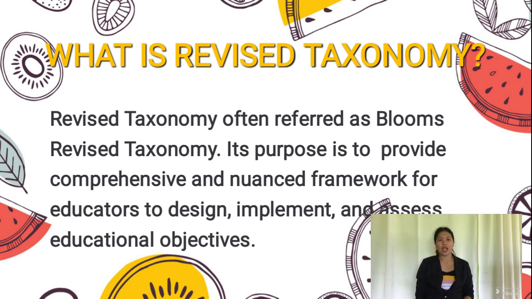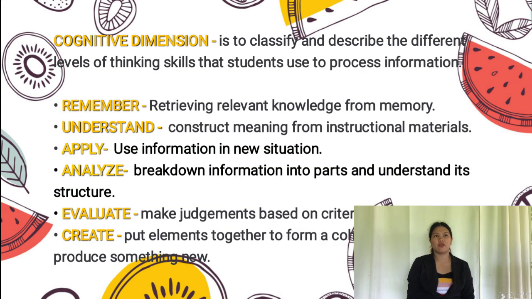The revised taxonomy has two dimensions of cognitive domains. The first dimension is the cognitive knowledge. The cognitive knowledge is to classify and describe the different levels of thinking skills students use to process information.